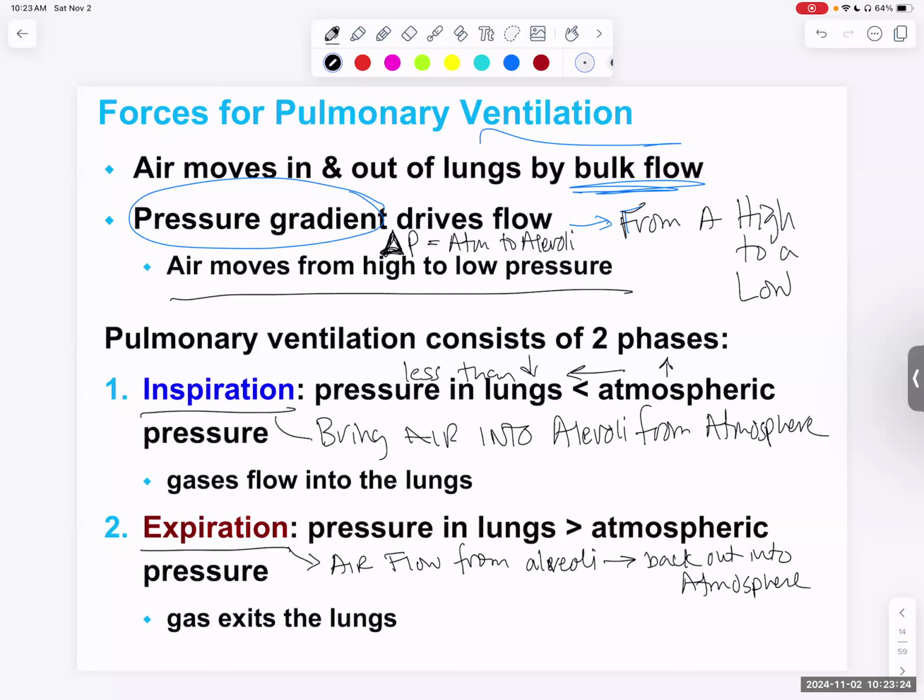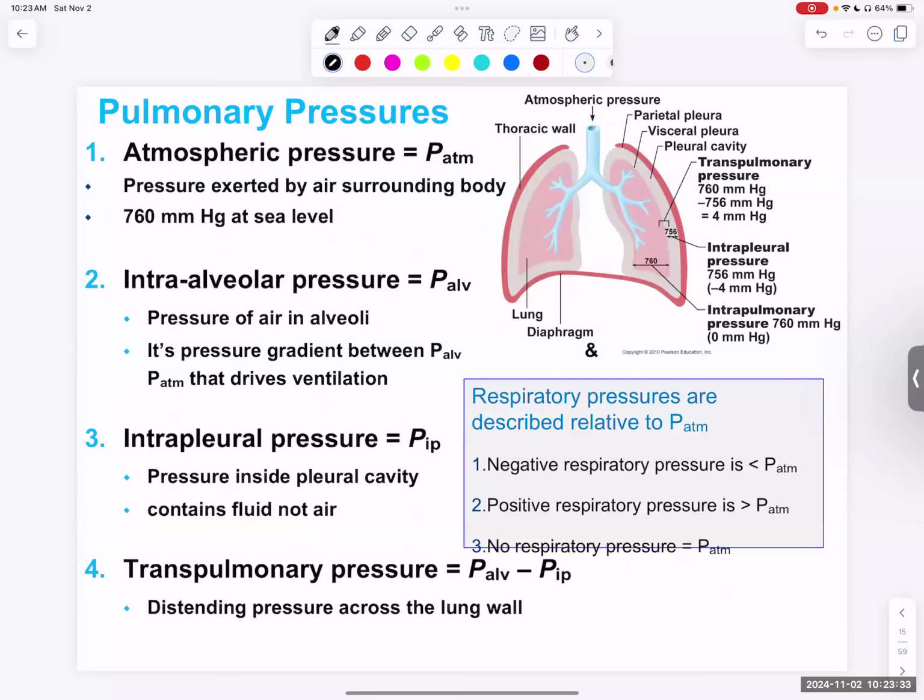Then the pressure in the lungs has to be greater than the pressure in the atmosphere, so air flows back out. So these pressure gradients are driven by basically the size of our thoracic cavity, which will affect the volume of the space in the lungs where air is residing.